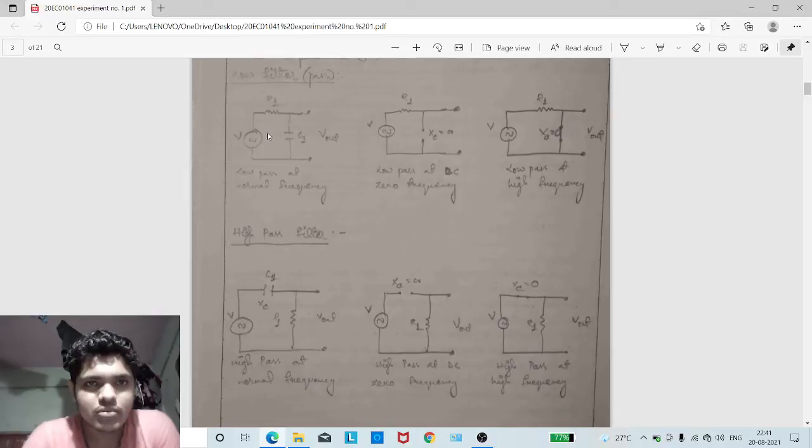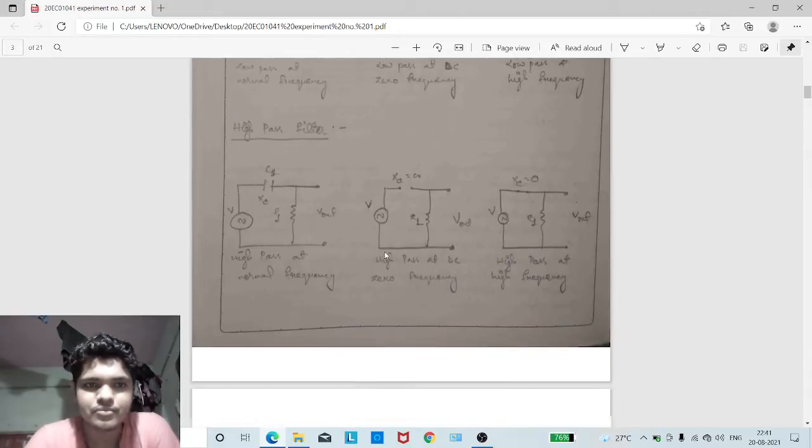And here we have the low pass filter diagram at a normal frequency, and this will be the V in, and it will be the V out, and we have the resistor with the load, and the capacitor in parallel to the load. This is the diagram of the low pass filter for zero frequency, and this is the low pass filter for high frequency.